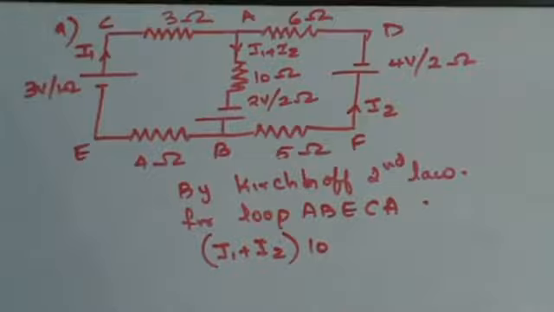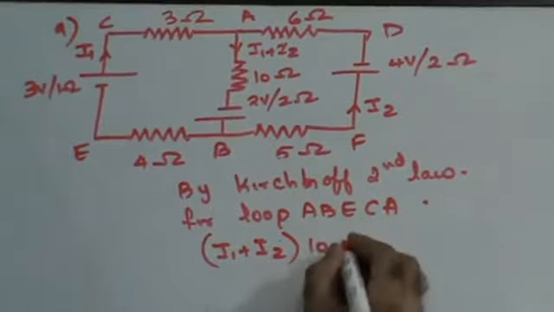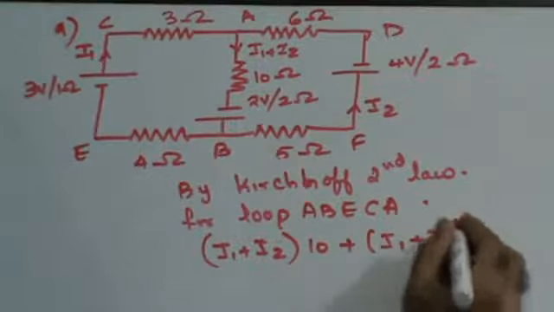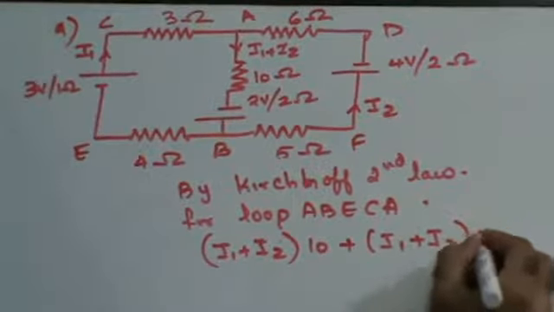I'm tracing the loop from A to B. Therefore, that particular current will be treated as positive. So for the internal resistance of 2 ohm, the current will be treated as positive, I1 plus I2 into 2.